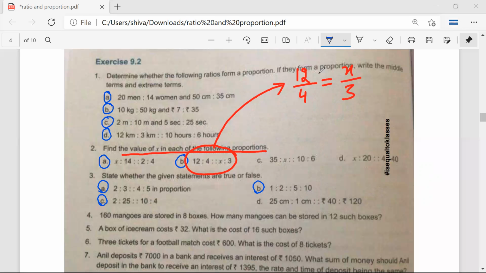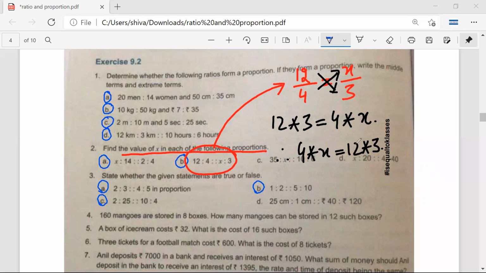How do I solve this? Cross multiplication. Shabash. So 12 into 3 is equal to 4 into x. Mr. Satya, any doubt? No, sir. Therefore, 4 into x is equal to 12 into 3. Any doubt? No, sir. Therefore, x is equal to, Mr. Satya, what do I write?